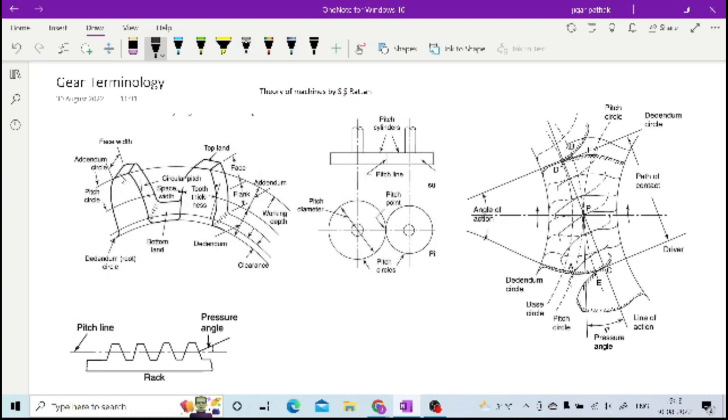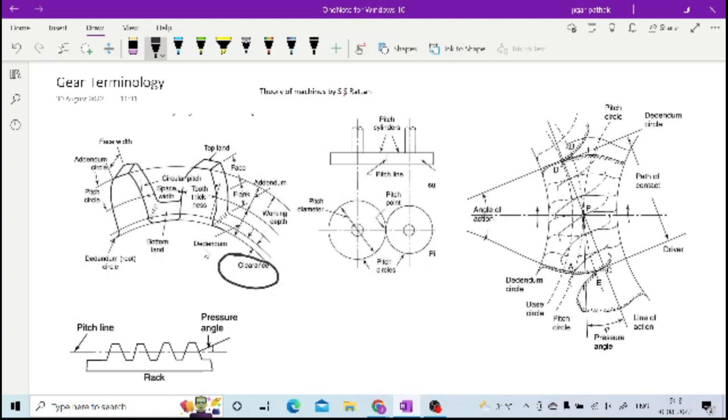Now apart from pitch circle you are having addendum circle and dedendum circle. The addendum circle passes through the tip of every tooth of your gear, while the dedendum circle passes through the base of every tooth of your gear. Whenever two gears are in mesh with each other, you must provide clearance.